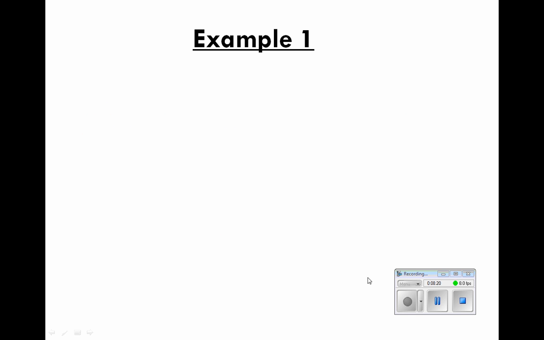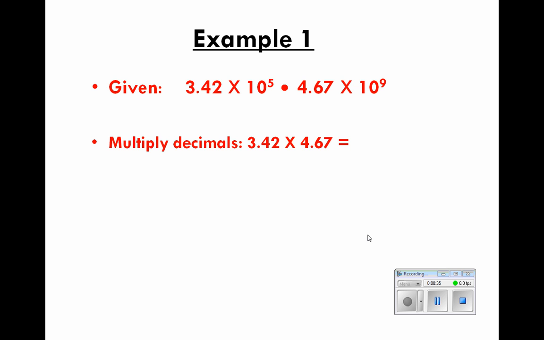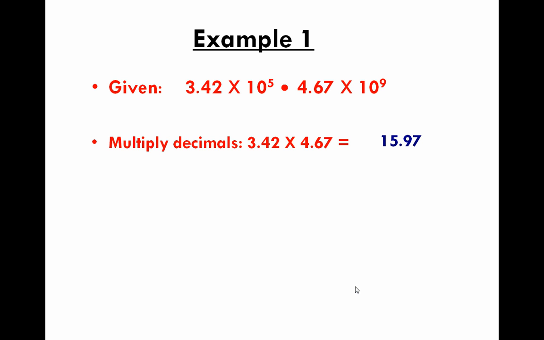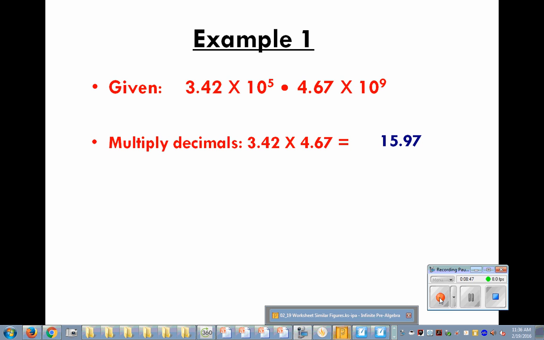Here's our first example. Let's multiply 3.42 times 10 raised to 5 times 4.67 times 10 raised to 9. The procedure was we have to multiply first our decimals. So 3.42 times 4.67, we will have 15.97.